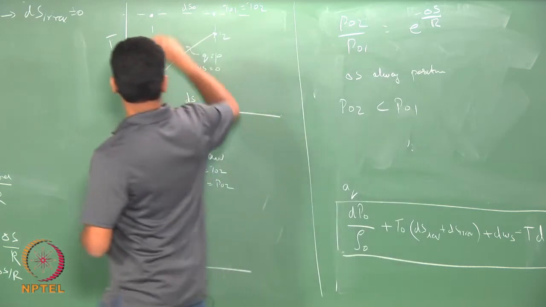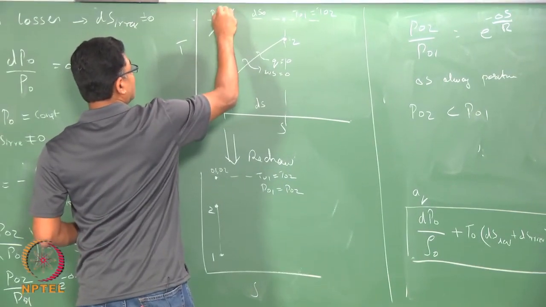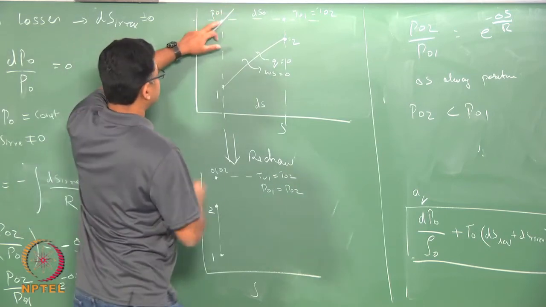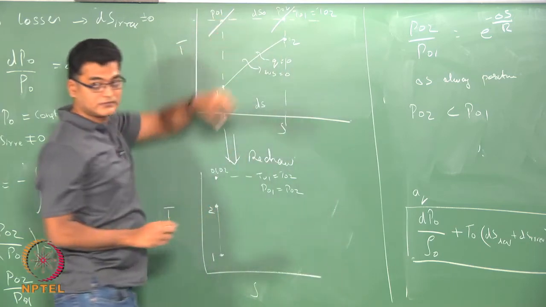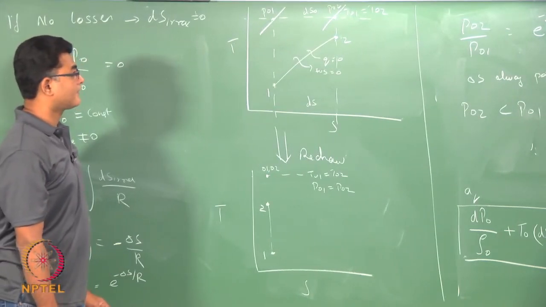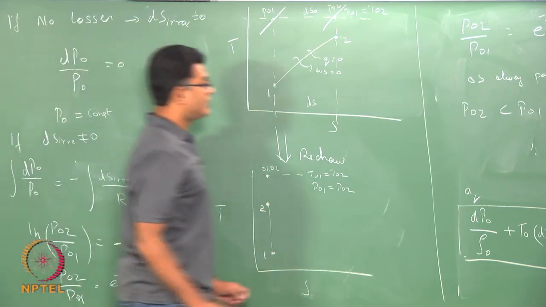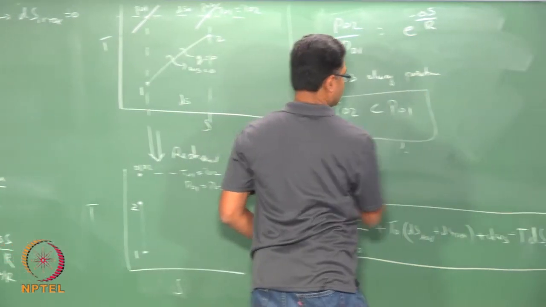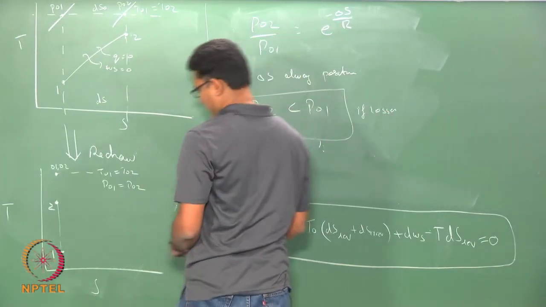So, if I have a P01 here, this pressure is less than this pressure, if there are losses.